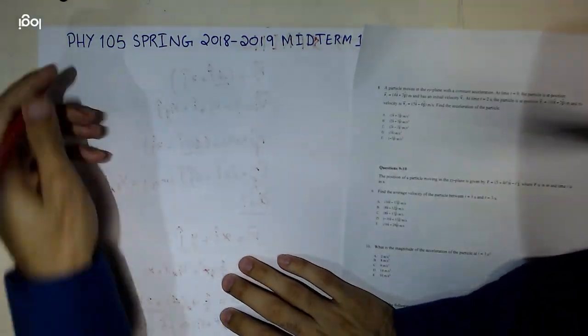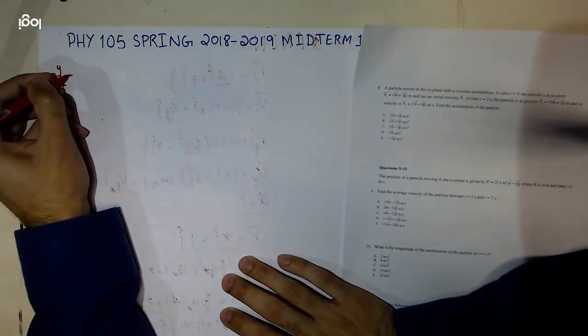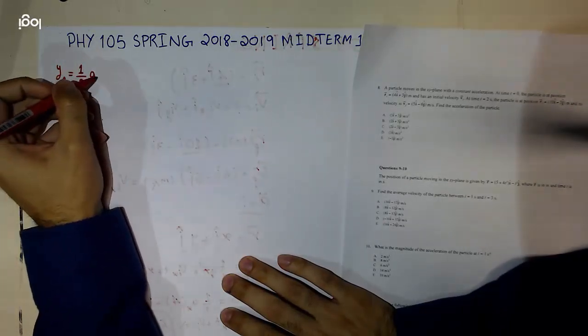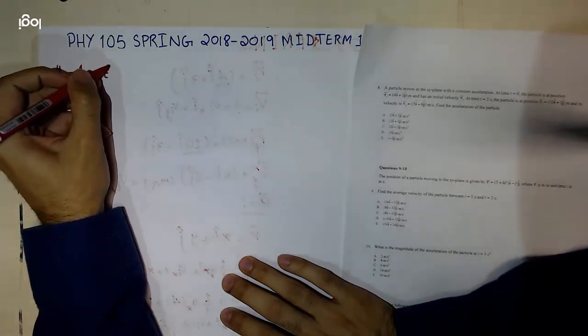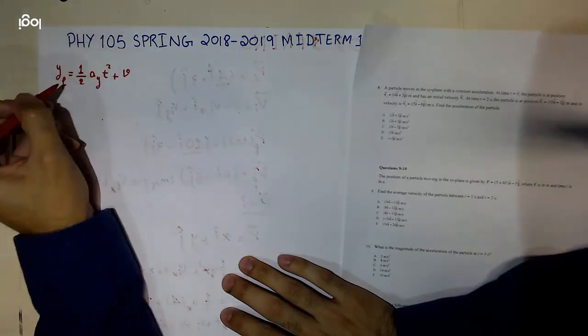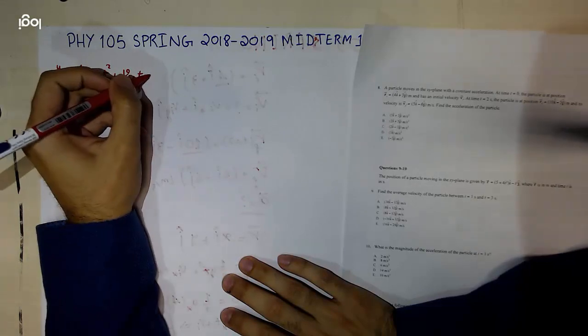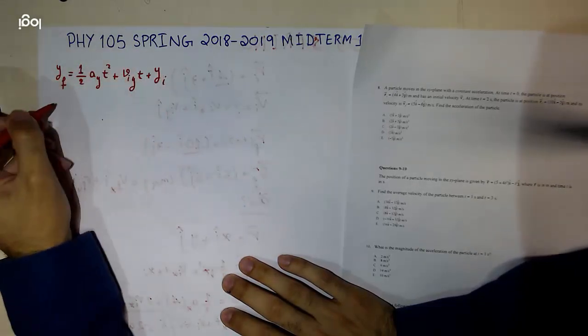Let's do the same for Y component. From here we can tell that Y final is equal to 1 over 2 A Y T square plus V initial Y T plus Y initial.